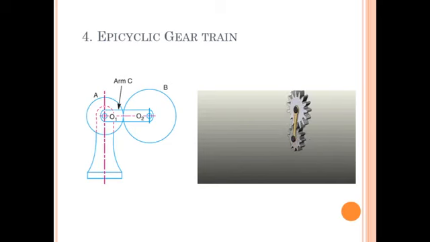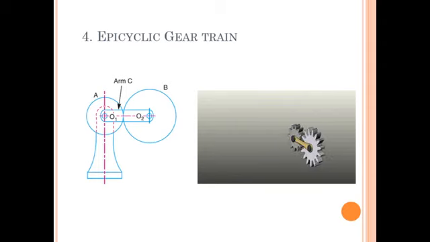In whatever we have seen previously, the types simple, compound and reverted gear train, the shafts of all gears are fixed. The shafts are not rotating. But in the case of an epicyclic gear train, the shafts of gears can be rotated, or are rotating, about some other fixed shaft.